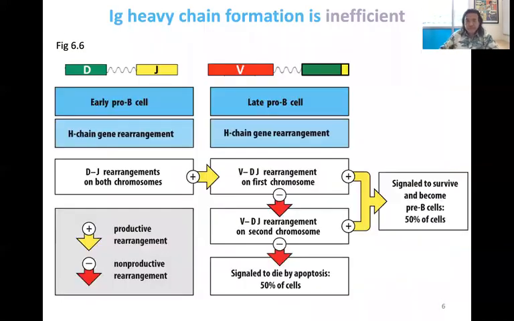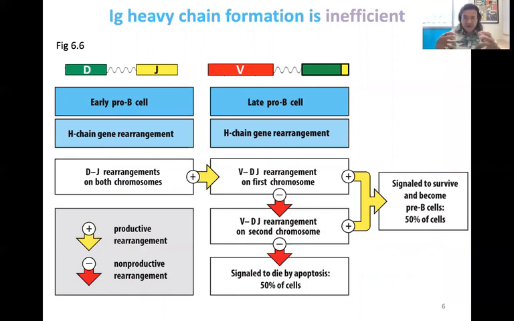Okay. So our B cells, once they start down the path of becoming a B cell, and they say, okay, I have to try to do this VDJ recombination and make an immunoglobulin, it starts with making the heavy chain. Evolutionarily, that makes sense, because remember, the heavy chain involves choosing 3 different blocks: a V block, a D block, and a J block.